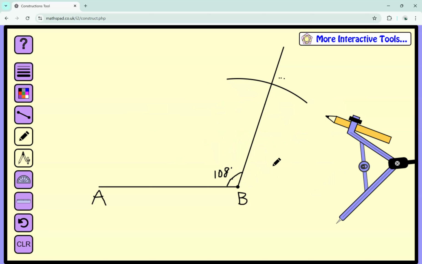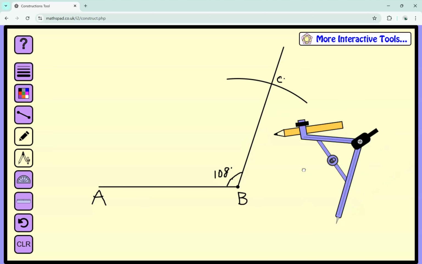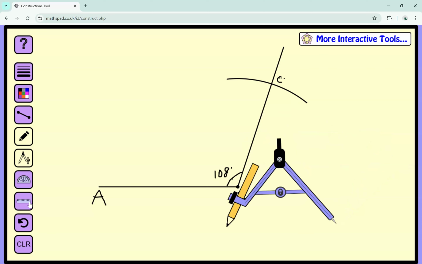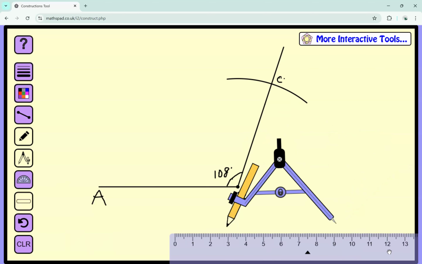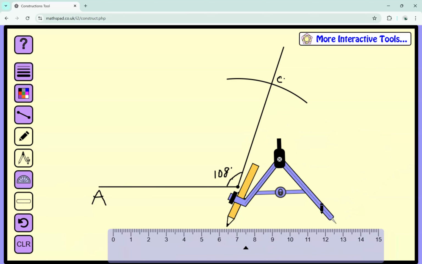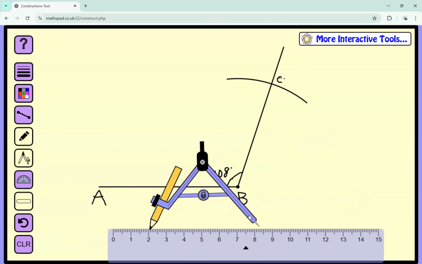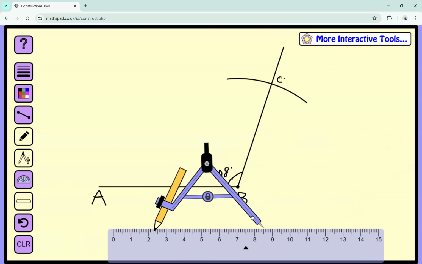I can't seem to mark that out, let me try again. Okay, this will be point C. Then we are told that CD is 8.5. Same thing, take out your ruler again, put it here, and put the sharp edge at 8.5.